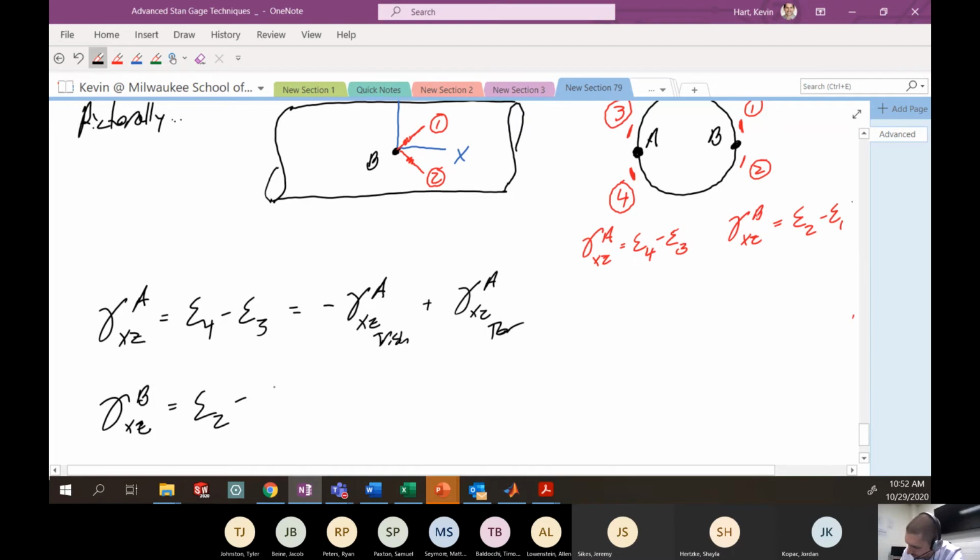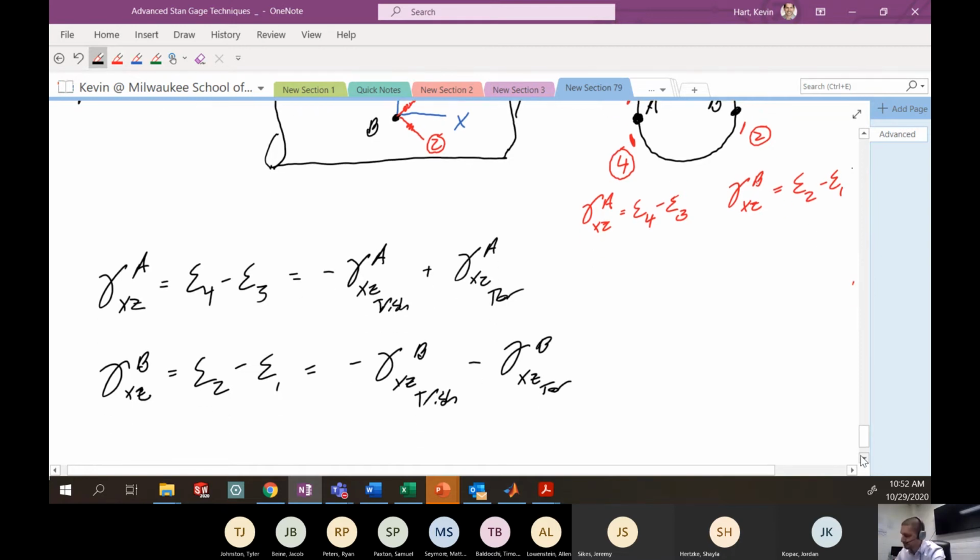This is going to be strain 2 minus strain 1, and this is the negative, minus that coming from point B. Okay.